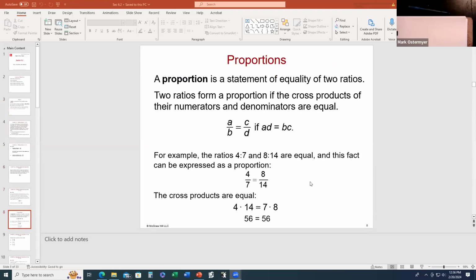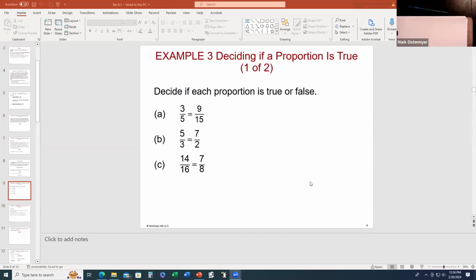All right, so we know ratios. Now proportions. We've already gone over proportions. Do you remember? Proportions are equivalences between ratios. And to tell if a proportion is a valid proportion, you would look at the cross products, correct?